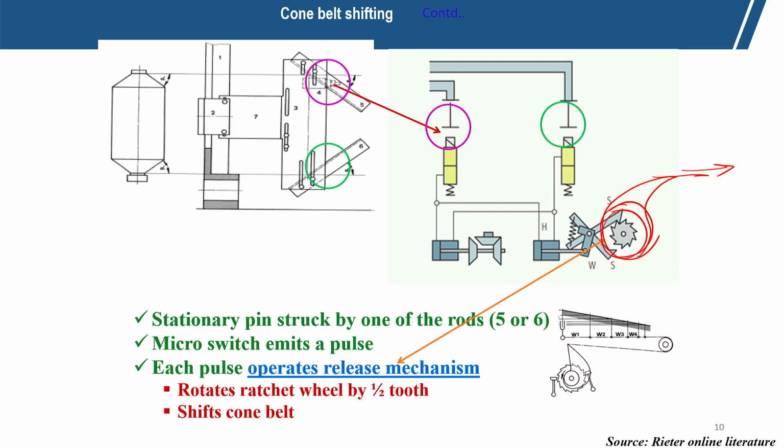Initially the shifting will be maximum, because this is at the highest diameter, but due to this cam design the diameter gradually reduces, so the shifting gradually reduces. Throughout the whole build up, typically the eccentric rotates about 2 full rotations, about 720 degrees, which we will discuss in the subsequent session.